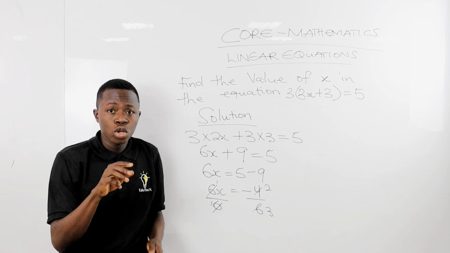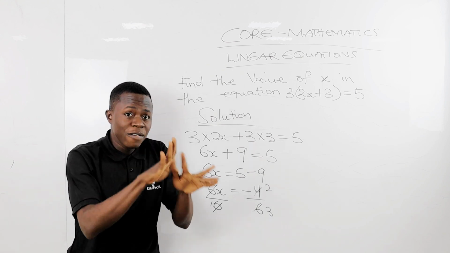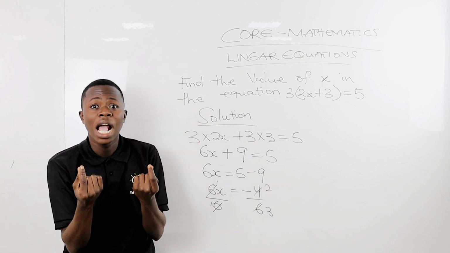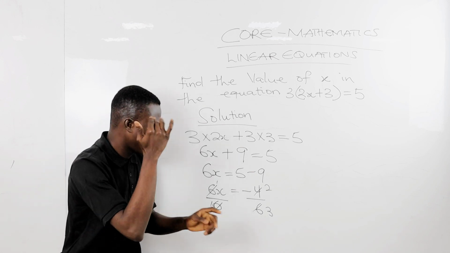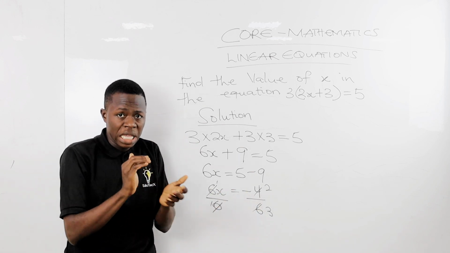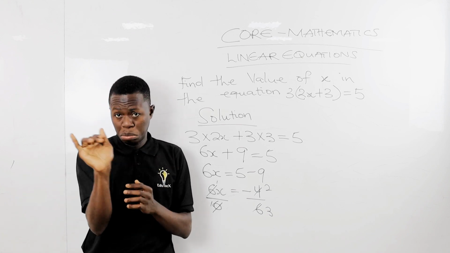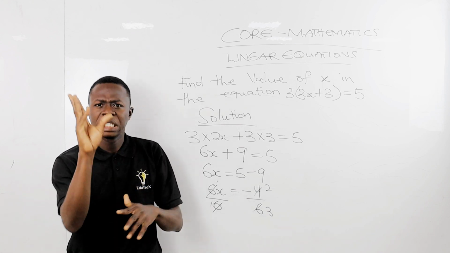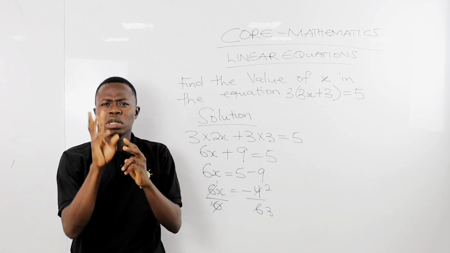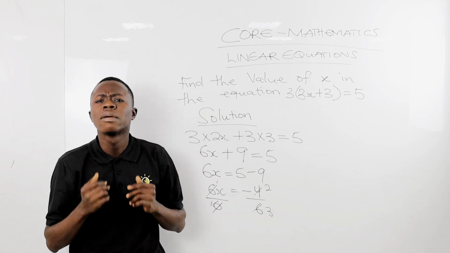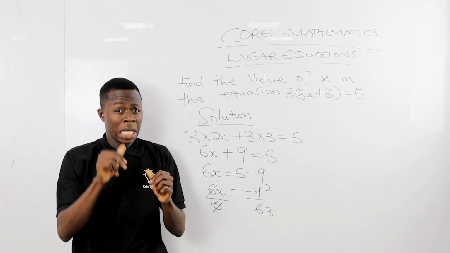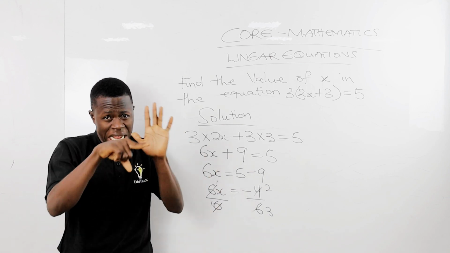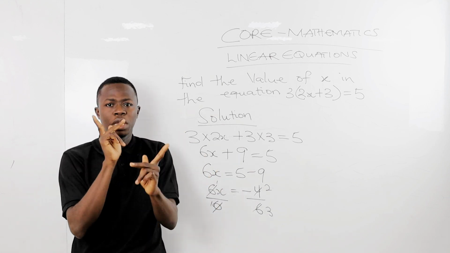Try. Yes, the factor is 2. So we are going to divide both the denominator by 2 and the numerator by 2. So -4 divided by 2, and the answer will be -2. And again, 2 at the same time will divide 6. So 6 divided by 2, and the answer is, yes, it's 3.